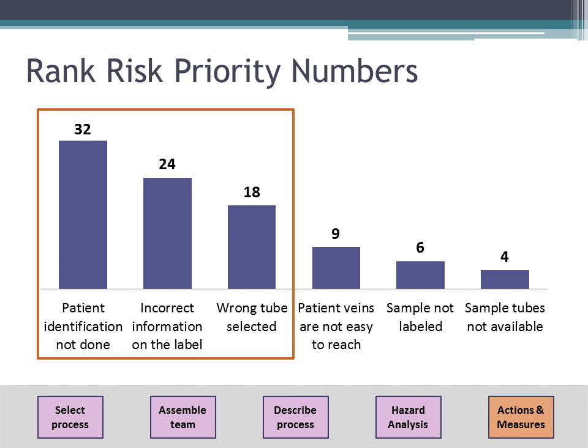This means that we rank the failure modes by their risk priority numbers, by their RPNs. So here I've just used a bar chart to visually represent which of our failure modes from our lab testing example we deemed to carry the greatest risk of harm to the patient. These are the failure modes that we'll focus our actions on in this example.